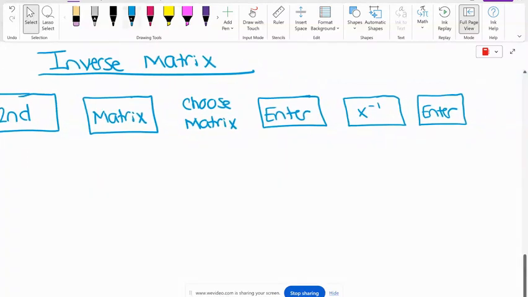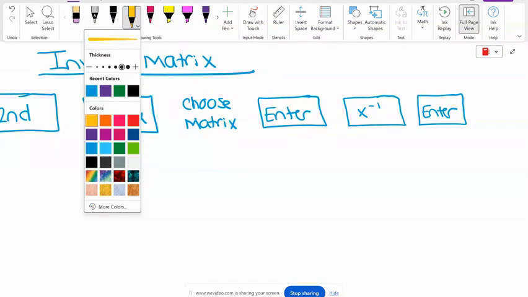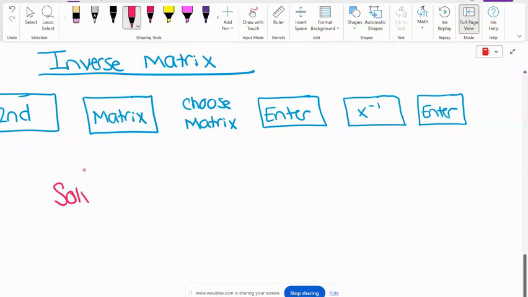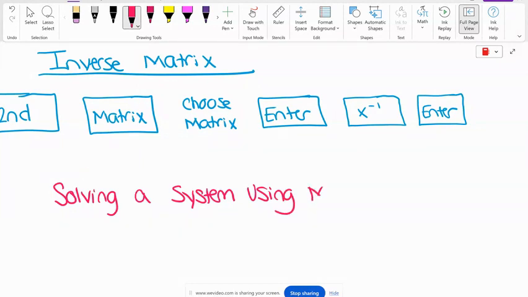So the next problem we're doing is solving a system using matrices.